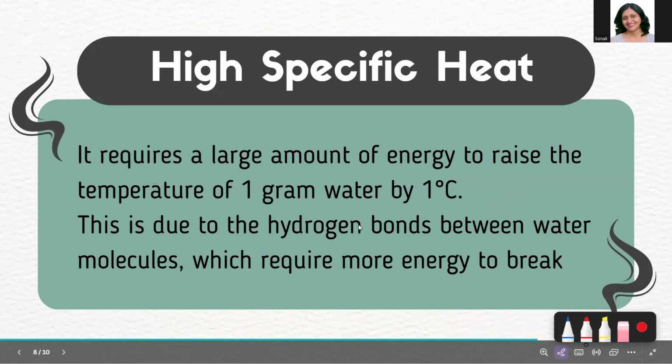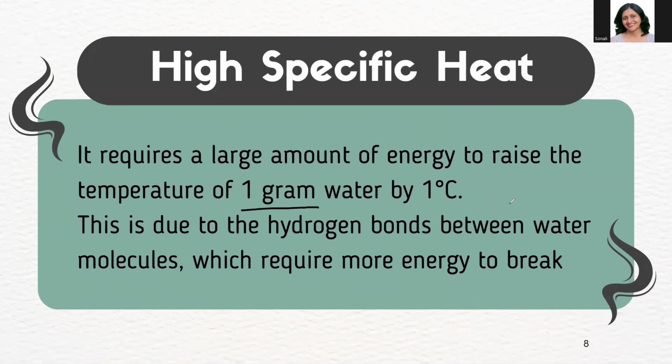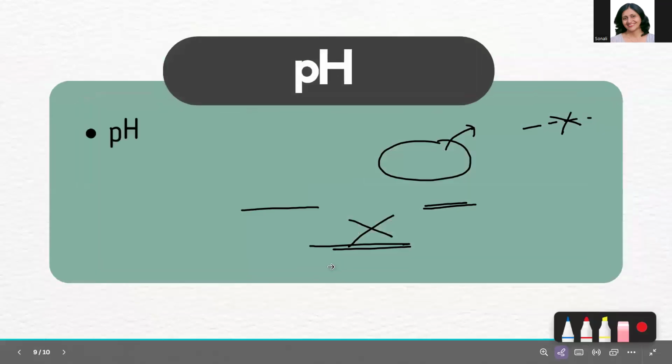So you take 1 gram of substance and you want to raise its temperature by 1 degree Celsius. In the case of water, since hydrogen bonds are present, a lot of energy will be utilized to break these bonds first, and only then will the energy be used to raise the temperature. That's the reason water has a very high specific heat compared to other substances.